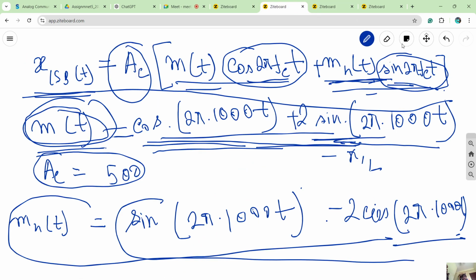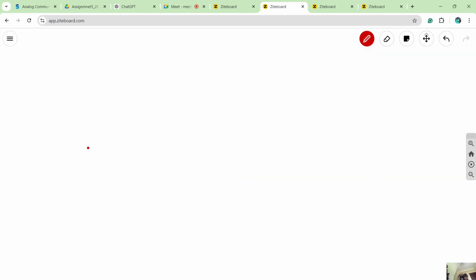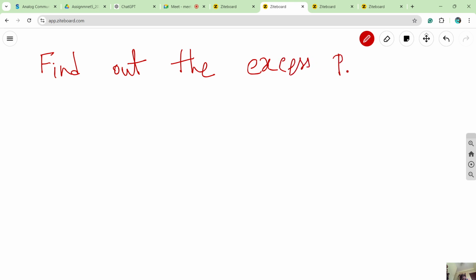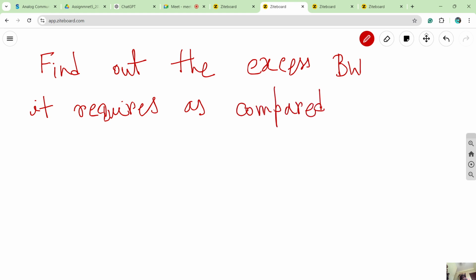So the question is, find out the excess bandwidth it requires as compared to its SSB modulated counterpart.